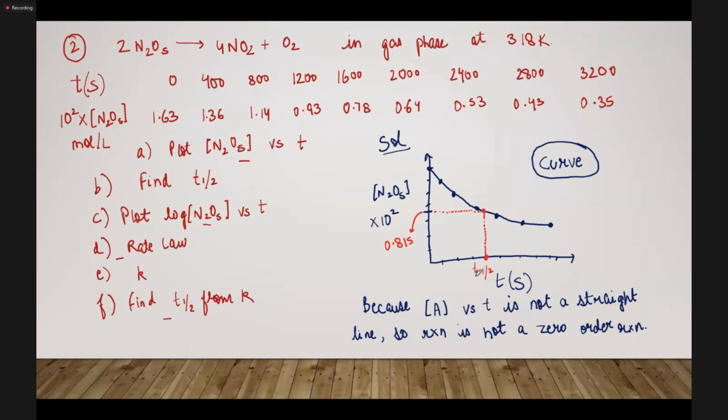So you do not have to do any calculation here, you have to find the half life graphically. So you will use this technique. When the concentration is 0.815, at what time is it? That time is the half life of the reaction using the data which has been provided.